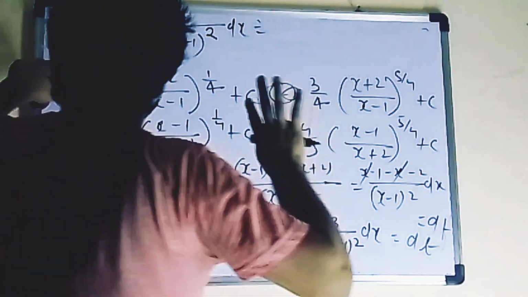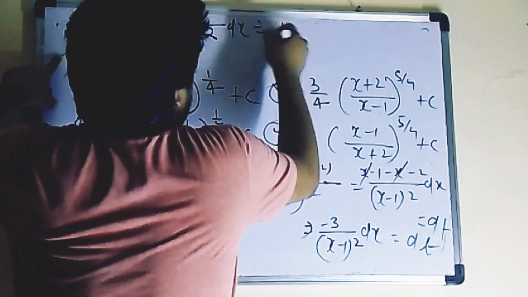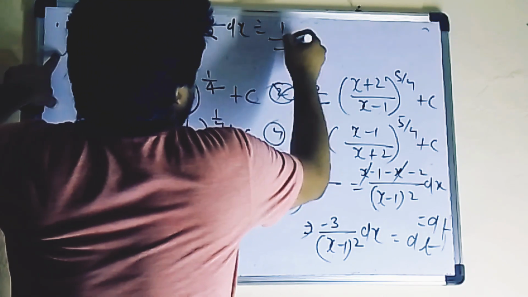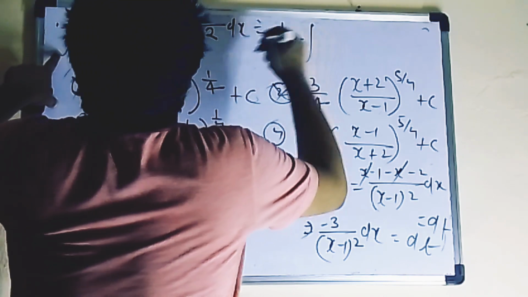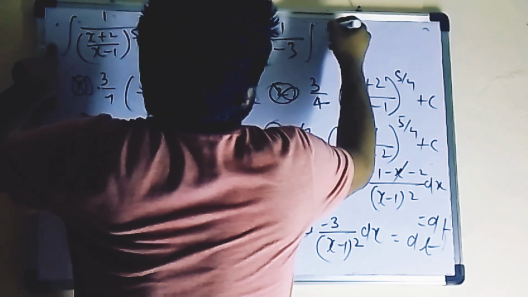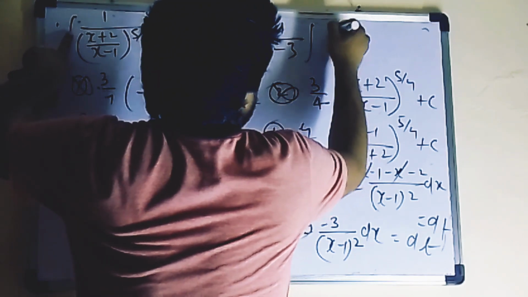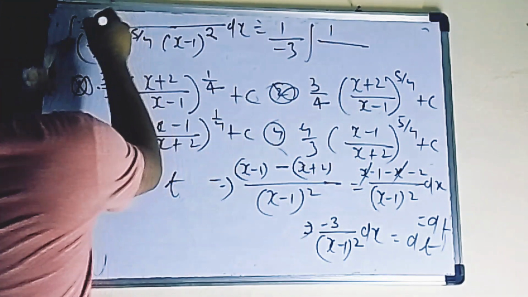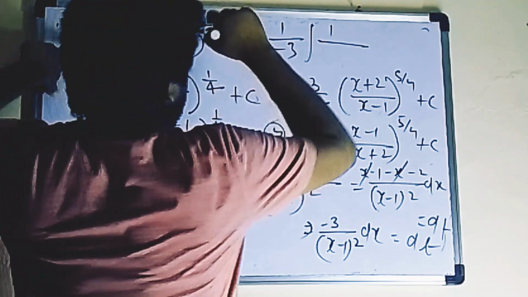So what I am doing, the steps, so that you will easily understand. Okay, see what I do here: minus 3, integration of, I am multiplying by minus 3 here. So first I am writing here 1 by t power 5 by 4, or I should write one more step.